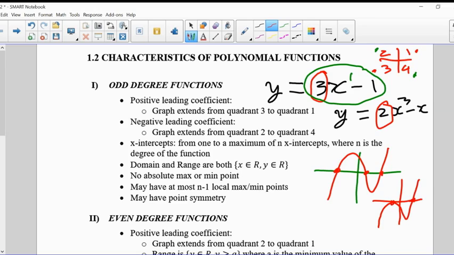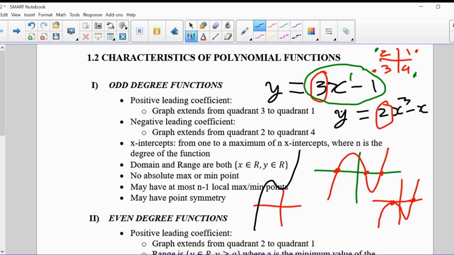So it touches at one spot, then goes through. That's only 2 x-intercepts, or it could have 1 x-intercept. Oh, sorry, that's not right. Let me erase that. I'll use a different color to draw it. It might look something like this, where it only touches in one spot. And that goes for odd and even degree functions.